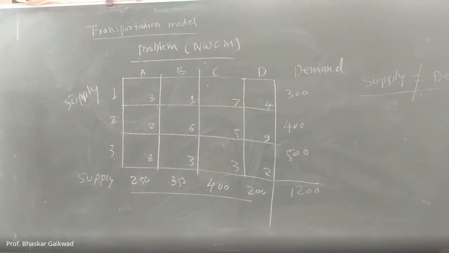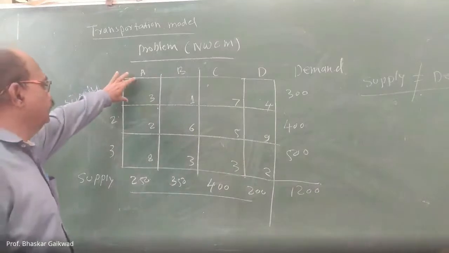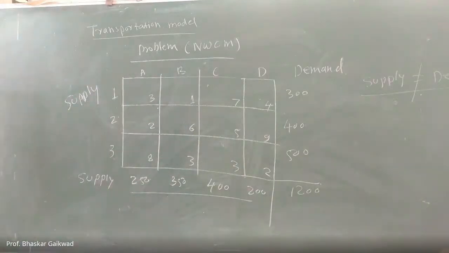Now, how do we solve this balanced problem using the northwest cost method? Initially, which is the northwest side of this table? This is our northwest side of the table.